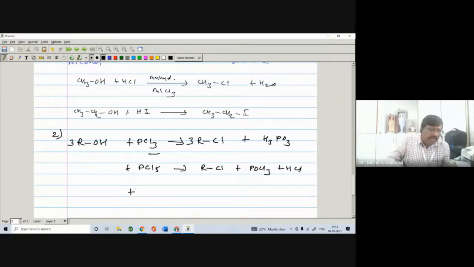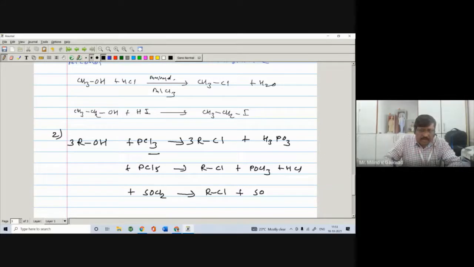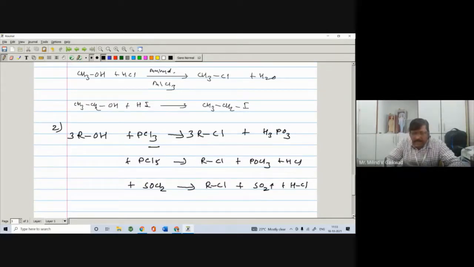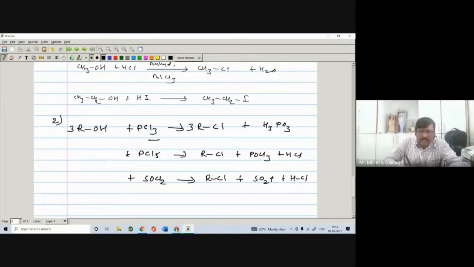Again, this alcohol may also react with SOCl2, thionyl chloride, and there is formation of the corresponding RCl, alkyl halide, plus SO2, sulfur dioxide, and HCl, right?